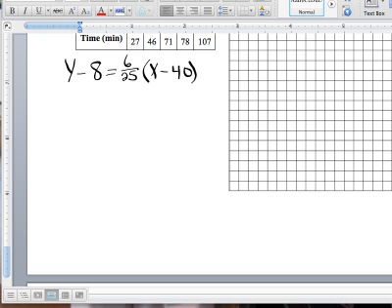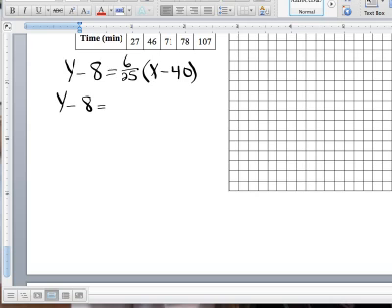What we want to do is get this equation into a little bit easier format. Because this is an estimation of a trend line, and it's not really an exact answer, I'm going to let this 6 over 25 turn into a decimal. Normally we wouldn't do this, but it's a trend line, so it's already something we're approximating anyway.